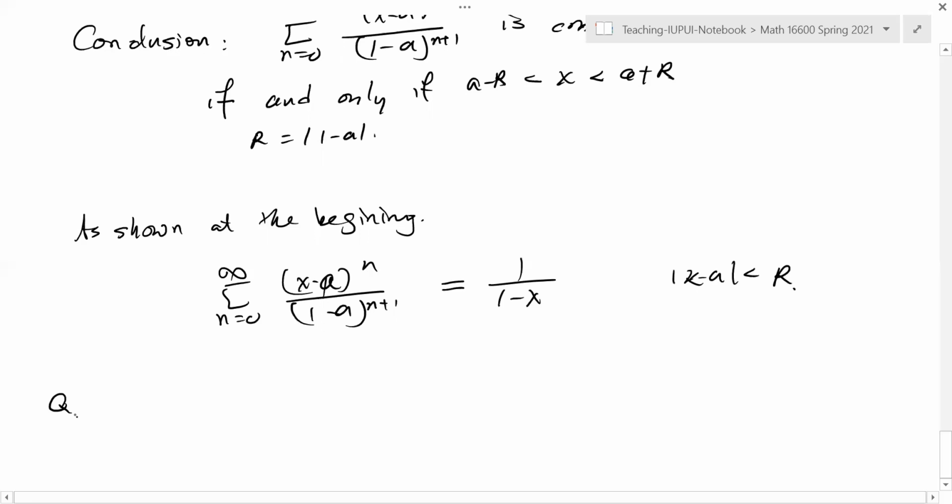But remember, a power series is a generalized polynomial. For a polynomial, you can talk about degree. Roughly speaking, a power series is a polynomial of degree n equal to infinity.